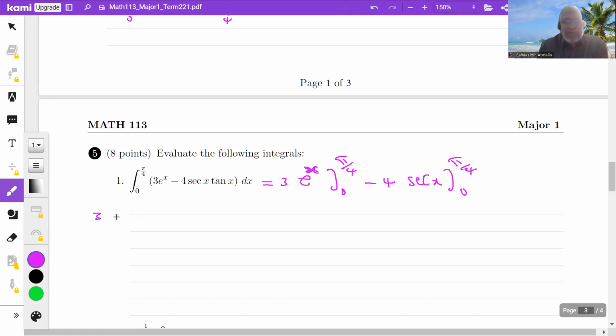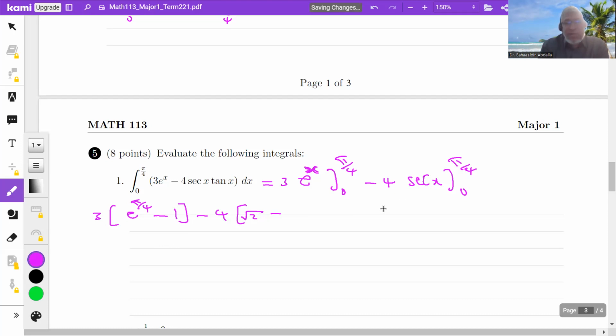So I'll have 3, then multiplied by e to the power pi over 4 minus e to the power 0, which is 1, minus 4 times secant pi over 4. And you can find by the calculator cosine pi over 4, which is 1 over square root of 2, and then find 1 over, okay? So it would be square root of 2 minus secant of 0.